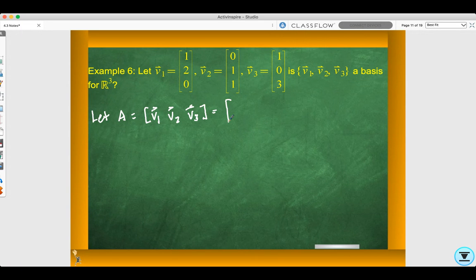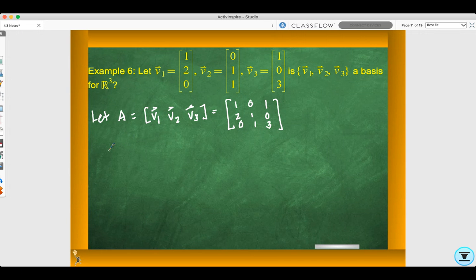So that would equal 1, 2, 0, 0, 1, 1, 1, 0, 3. And using row reduction, we're going to reduce this matrix and see if we can get 3 pivot columns. If we can get 3 pivot columns, then the columns of A are linearly independent, and they would span R3. And therefore, v1, v2, v3 would be a basis for R3.